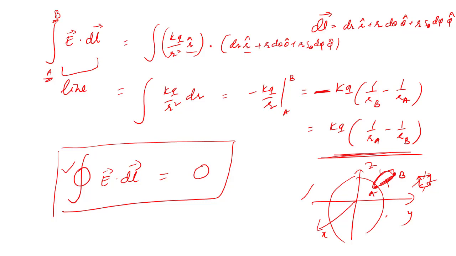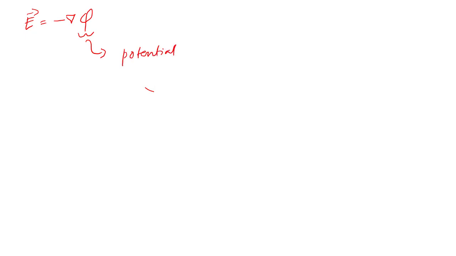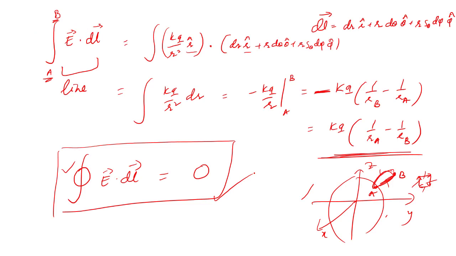So this means that we can define a potential that describes the electric field better, because we can write this electric field itself as a gradient of some function, and we call this function the potential. The first thing to note here is that because of the very nature of the electric field, as we have seen, if you go around a loop, the loop integral is 0.